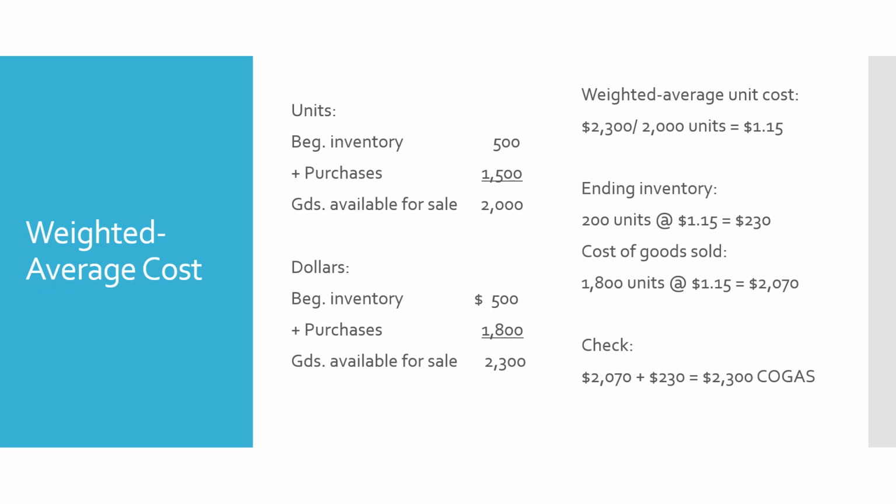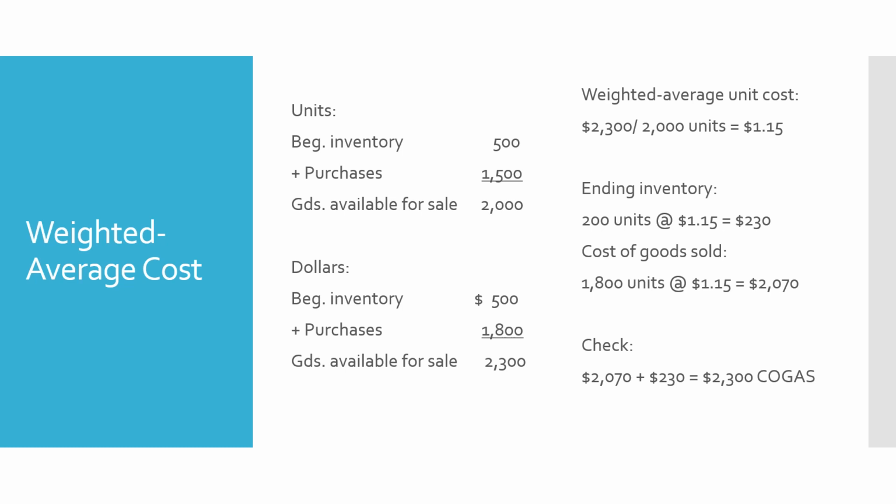Under weighted average cost, we're going to take our cost of goods available for sale of 2,300, and we're going to divide it by the units available for sale of 2,000. And so 2,300 divided by 2,000 gives us $1.15. So our weighted average unit cost is $1.15.